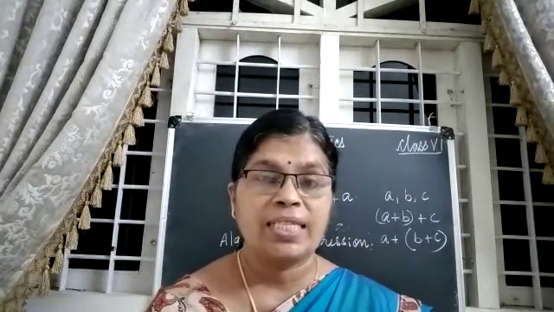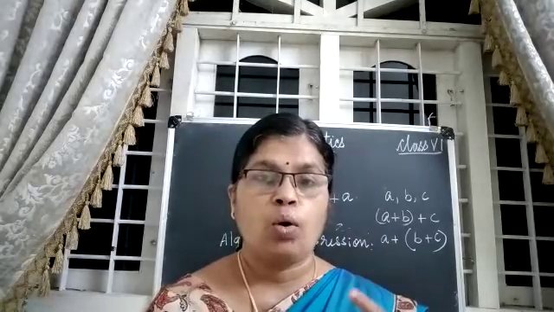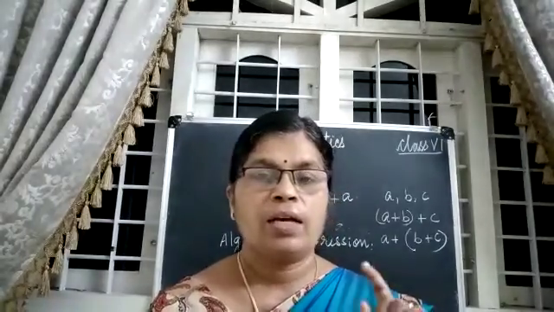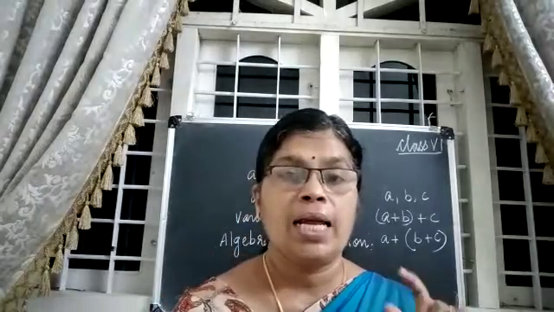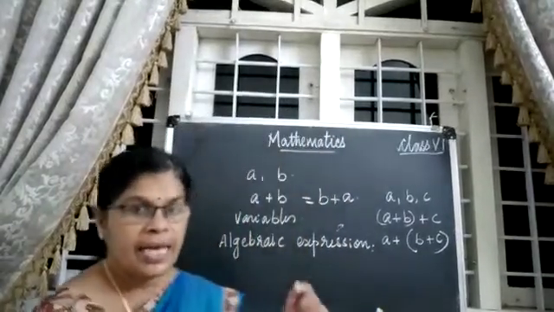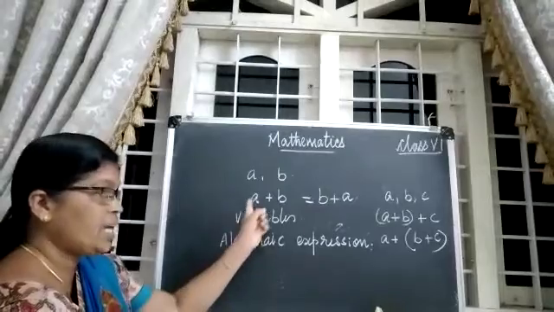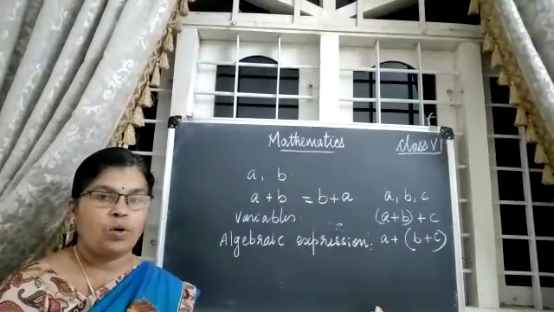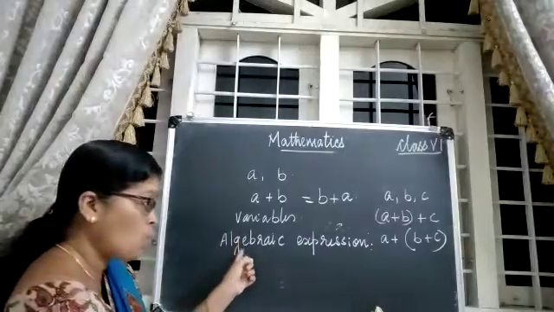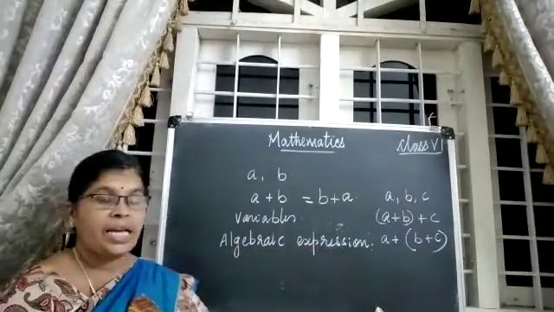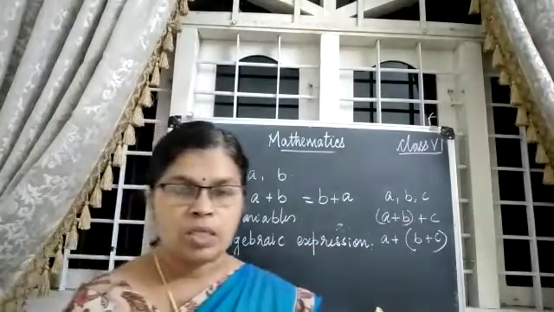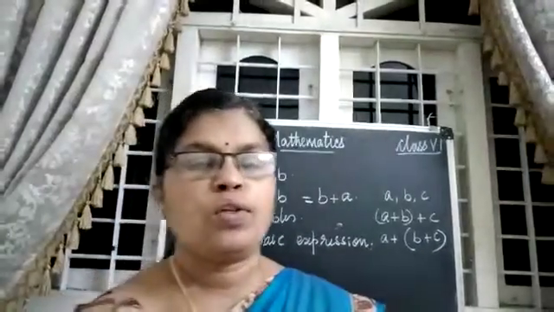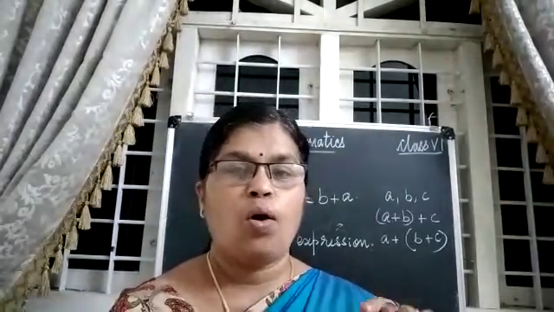The expressions which contain only numerals, only numbers, are called numerical expressions. But the expressions which contain the variables or the alphabets, they are called what? Algebraic expressions. Okay. So in this lesson we are going to study algebra.